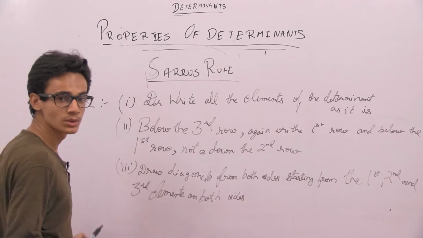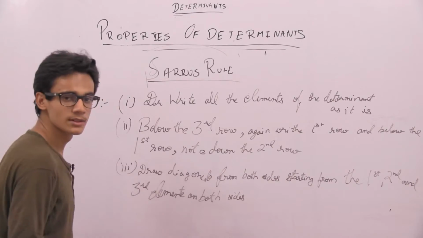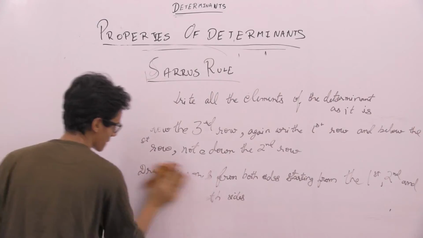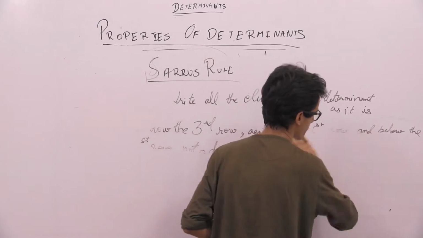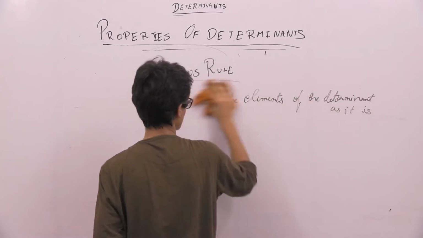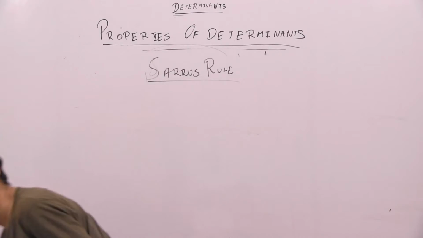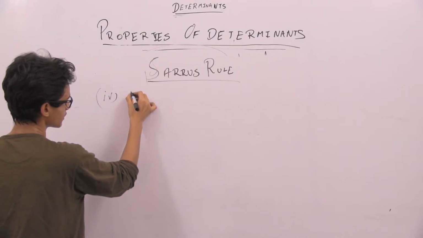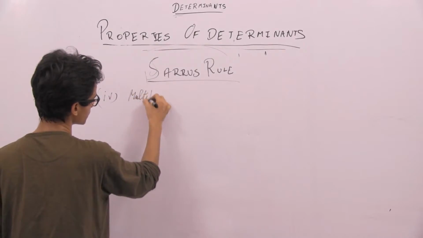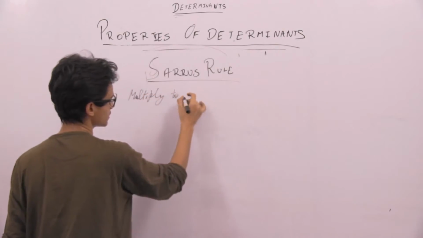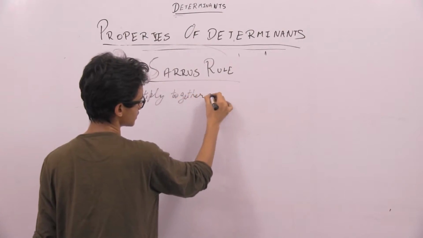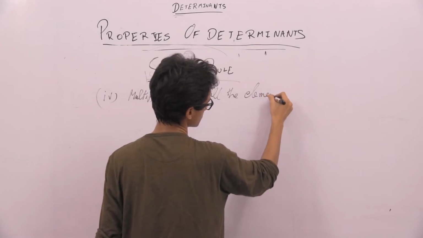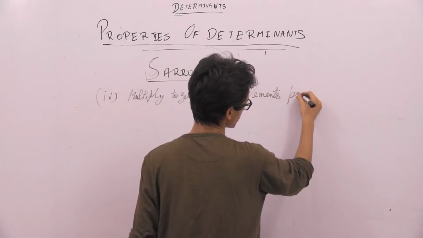Please note this rule. So the fourth step, multiply together all the elements present on a diagonal.